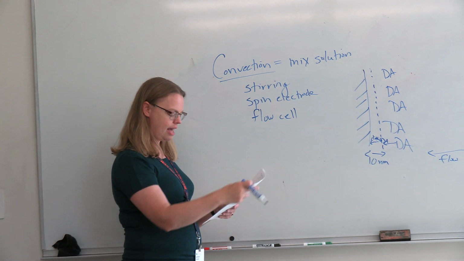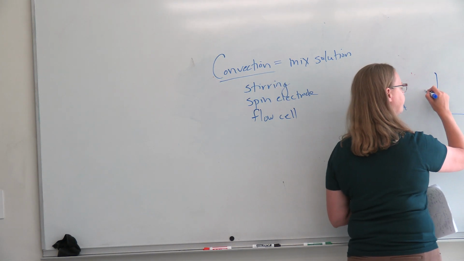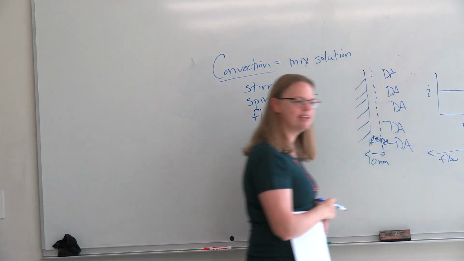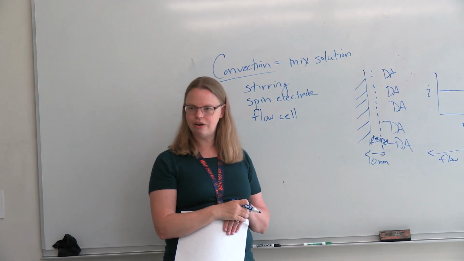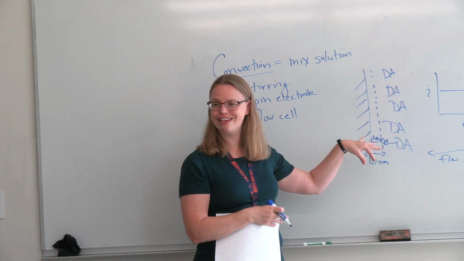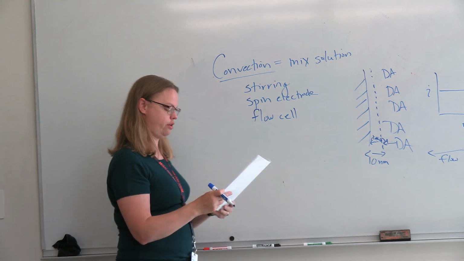And so if we do that, and we have flow or stirring, now we can get a constant current, right? As long as I constantly replenish the surface with a given concentration, I'm going to get a constant current.